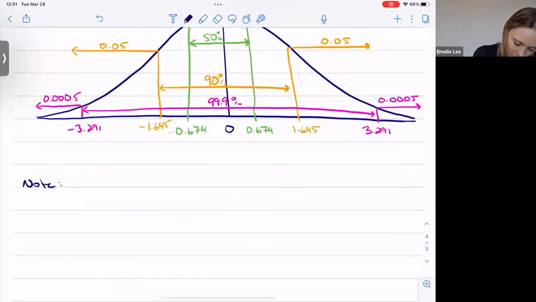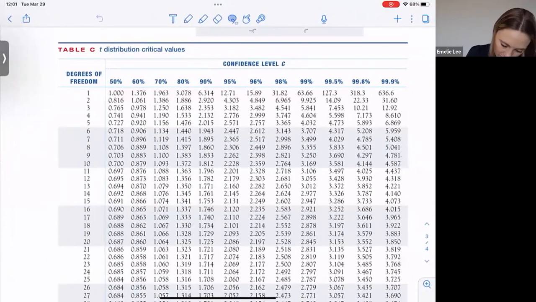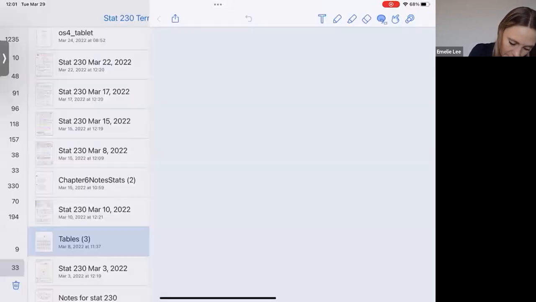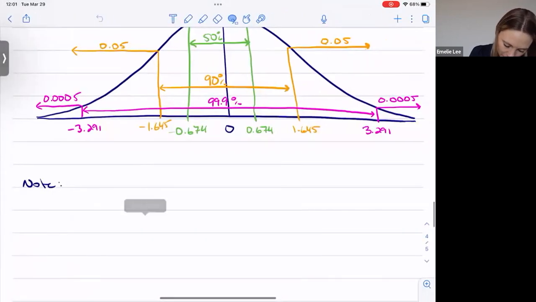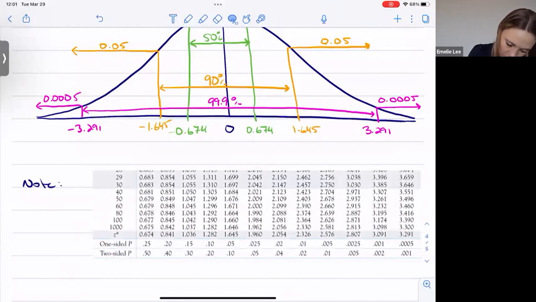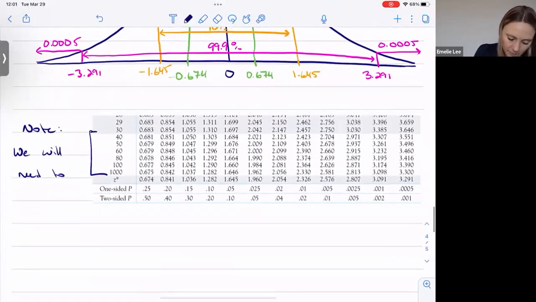Okay. So note, your degrees of freedom after 30 will need to be decided.